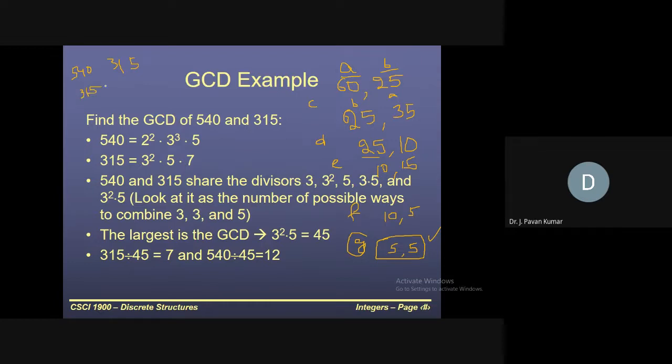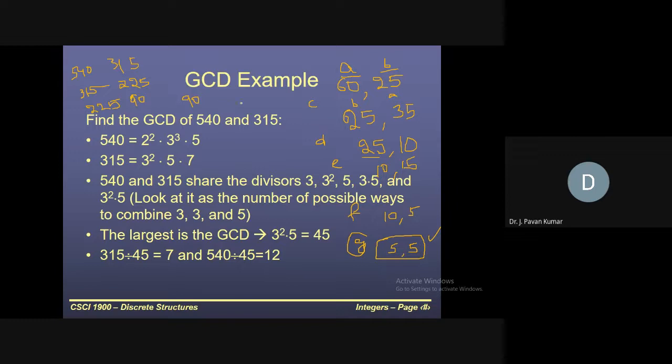Then what's the difference? 225, isn't it? Next, what's the minimum? 225. Then what's the difference? 90. Next, what's the minimum? 90.